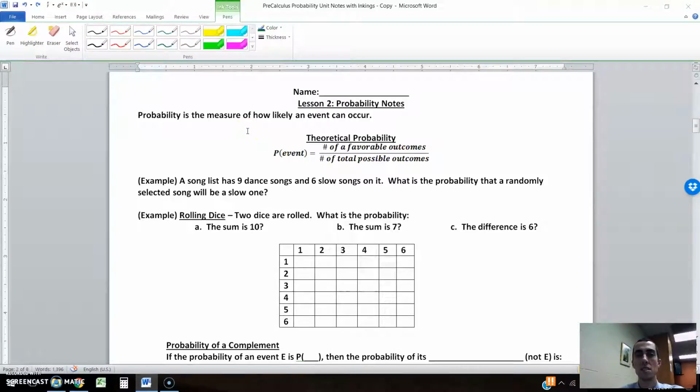In today's lesson, we're going to talk more about probability, specifically theoretical probability and what's called experimental probability. So probability is a way of measuring the likelihood of a particular outcome.